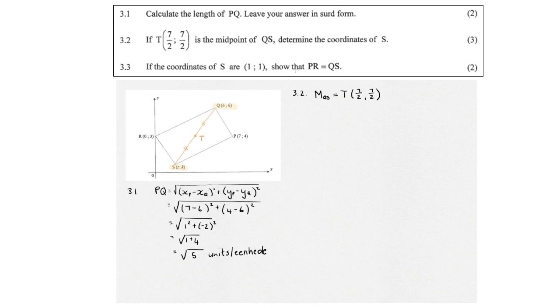And the midpoint formula states that the x-coordinate of the midpoint is the sum of the x-coordinates of Q and S, and that we divide by 2.